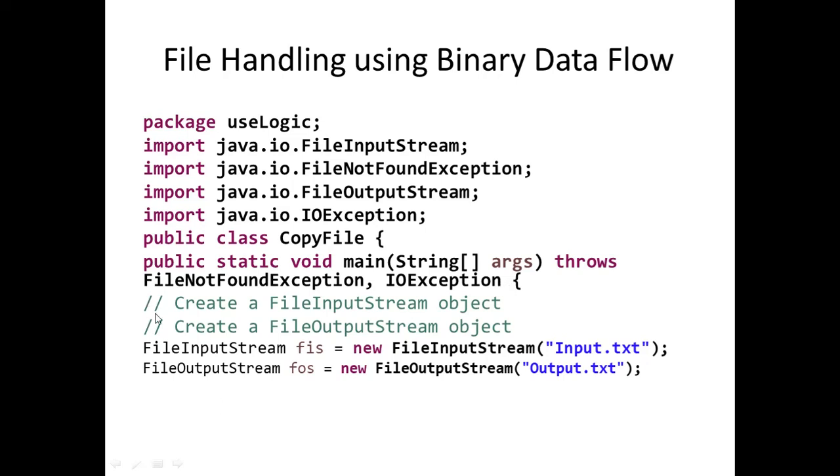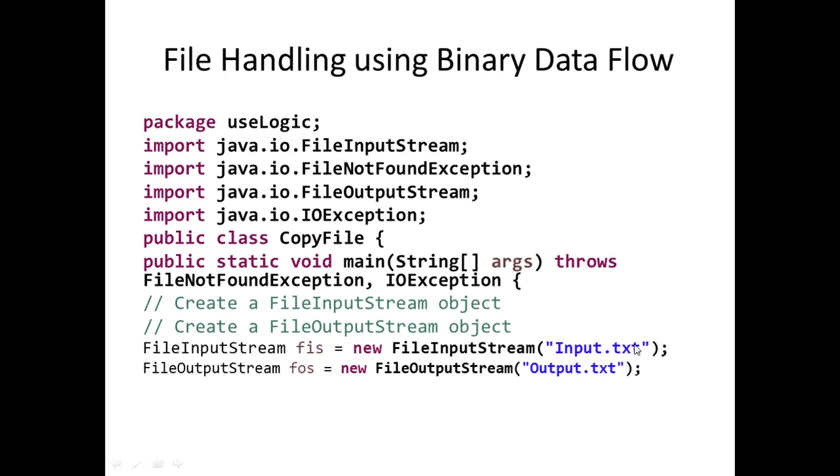Since the data flow will be in a binary form, the first job is to create one object of FileInputStream and one object of FileOutputStream. The argument required for creating the FileInputStream object is the name of the input file, which is input.txt.